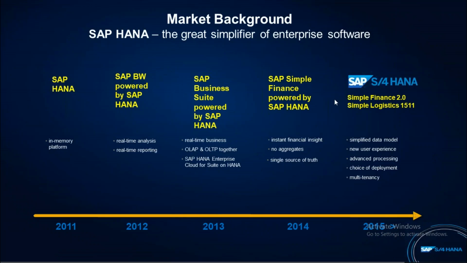All right, so over here in the next slide, we have the different milestones that we've seen over the past. We have SAP HANA release in 2011. We will understand how HANA is different and why customers prefer the SAP HANA, followed by the BW on HANA.